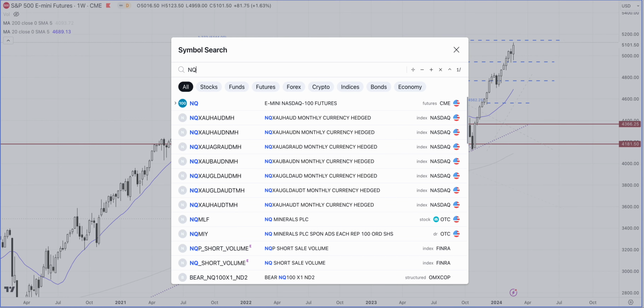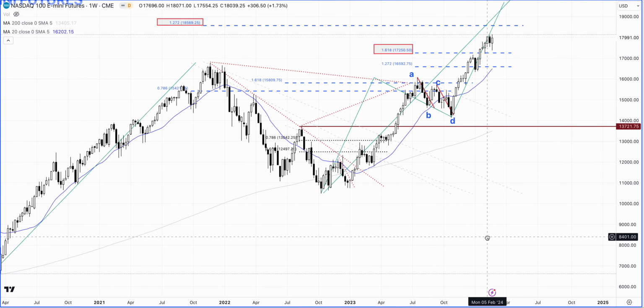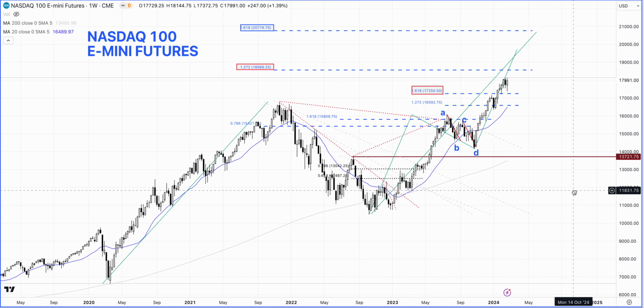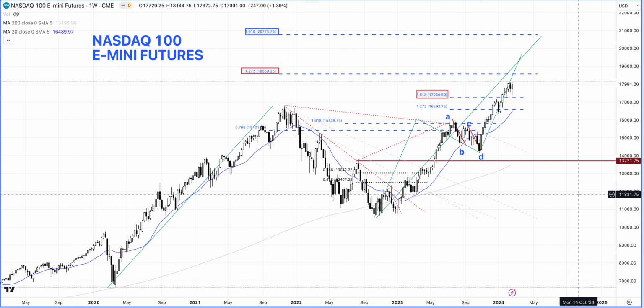And now let's take a look at the NQs. So this is the weekly chart of the NQs. Now, one key difference that I would like to point out for the NASDAQ 100 futures and the ES E-mini is that the ES E-mini had been stronger last week, especially last Friday.